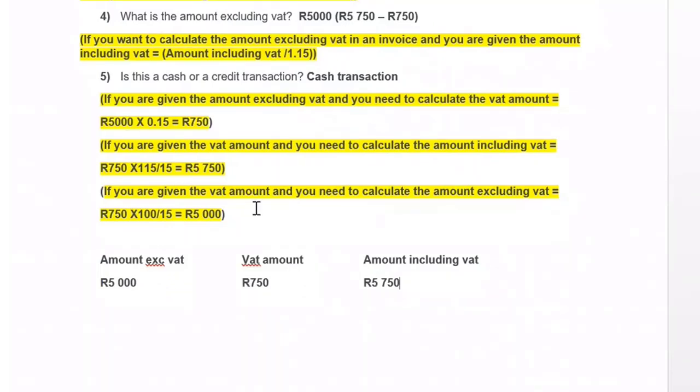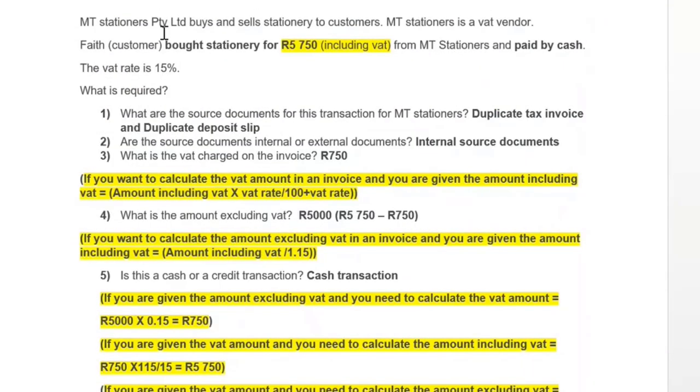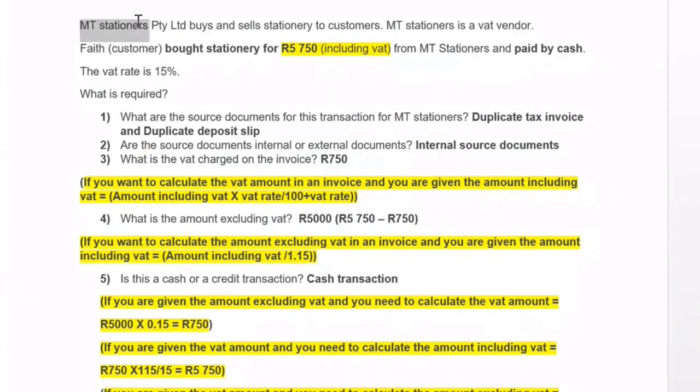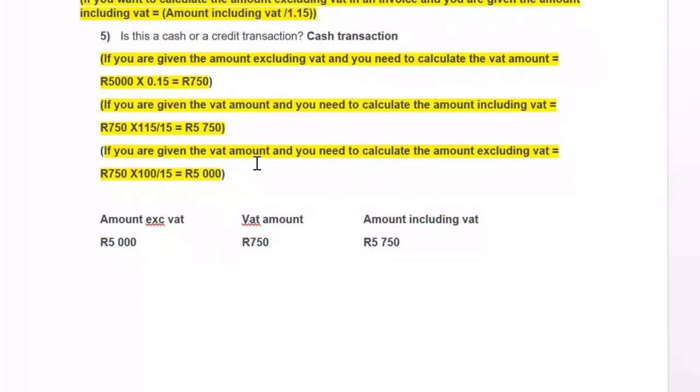So basically, guys, because MT Stationers is registered for VAT, on a tax invoice the total tax invoice would be 5,750.